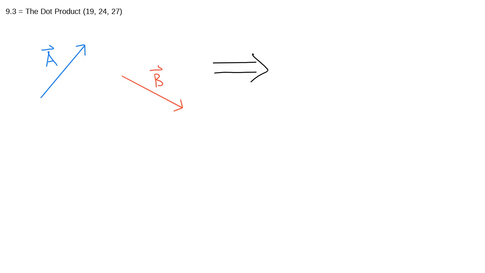You're going to get A, and then you're going to get B. If you go tail to tail, a vector maintains length and direction, but you can move it around.